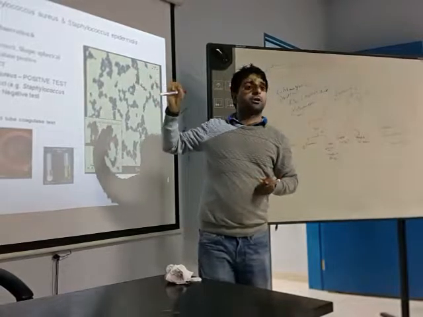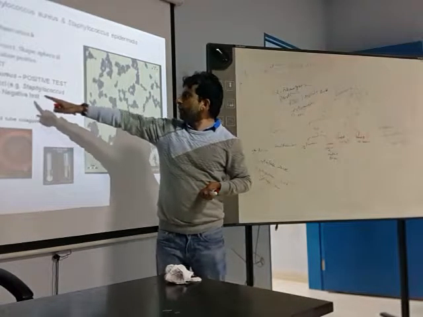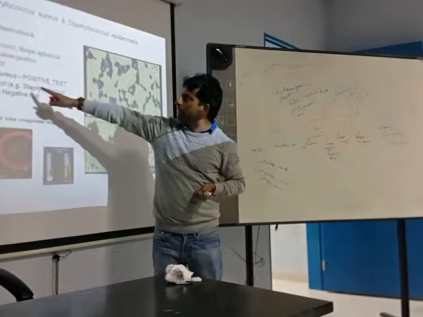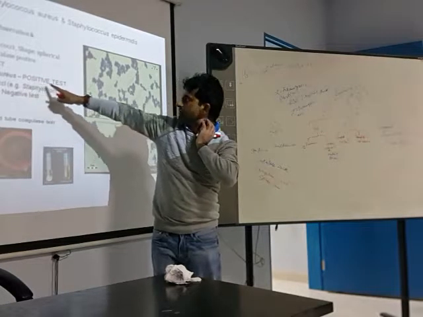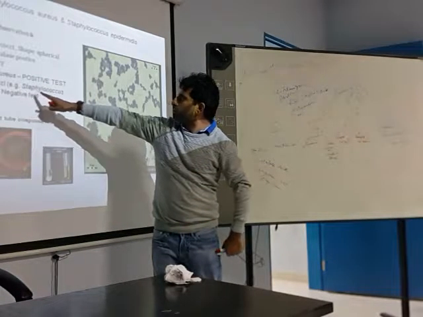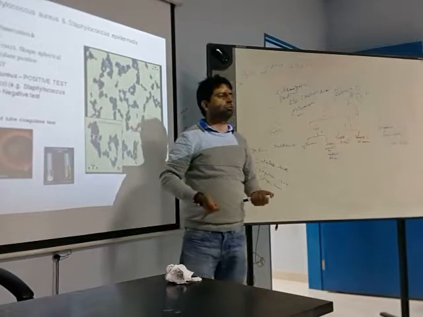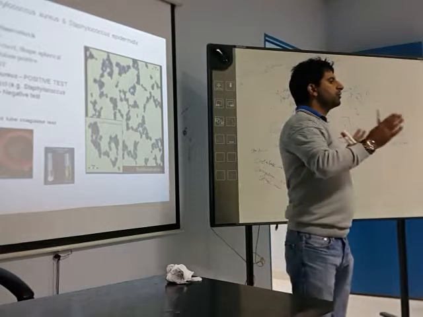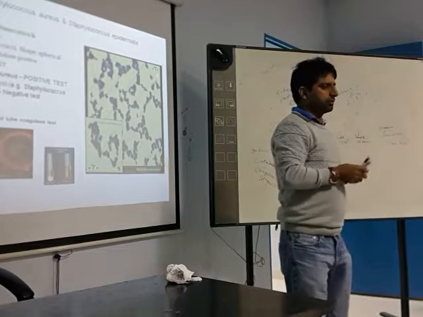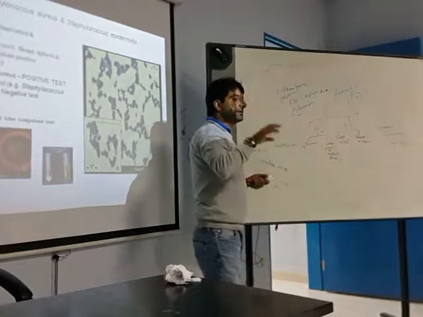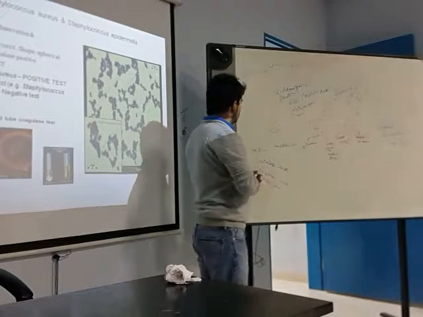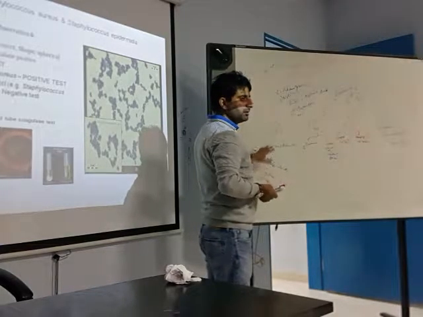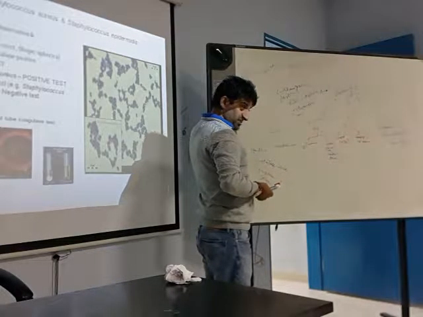So epidermidis is coagulase negative. In the coagulase test, Staphylococcus aureus is positive, while other staphylococci like epidermidis are negative. What is coagulase? Coagulase is an enzyme that converts fibrinogen into fibrin to form a clot, because it gives protection to the bacteria when it causes infection. Fine?